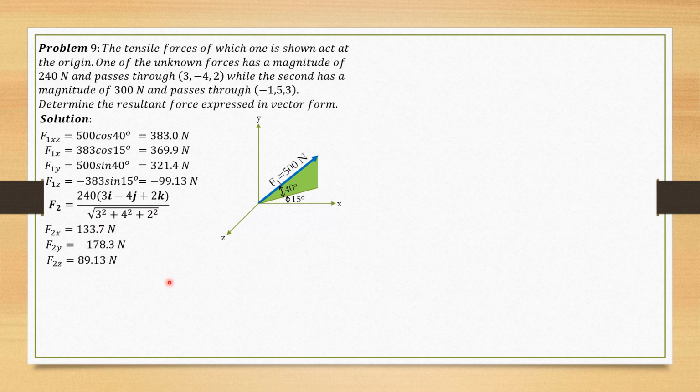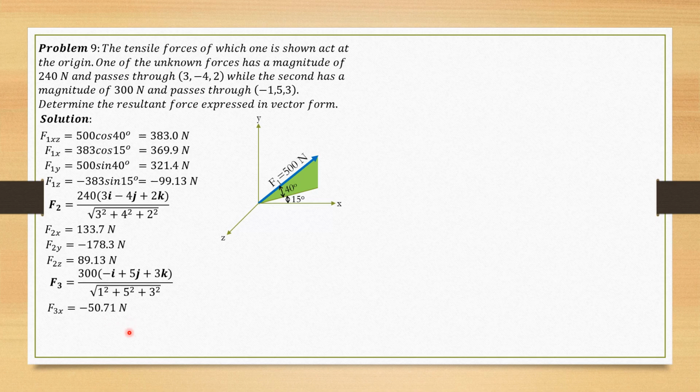That's positive 89.13 newtons. Likewise, for F3 in vector form, it is 300 times the quantity negative i plus 5j plus 3k over square root of 1 squared plus 5 squared plus 3 squared. So the distance is square root of 35, since 1 plus 25 plus 9 is 35.